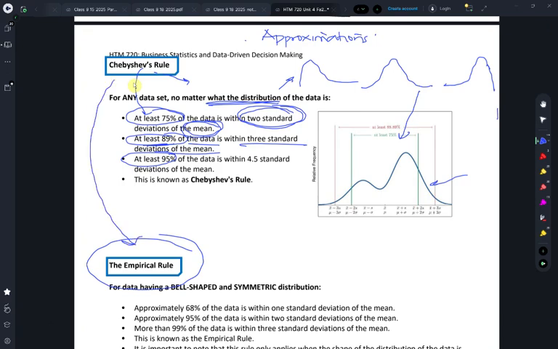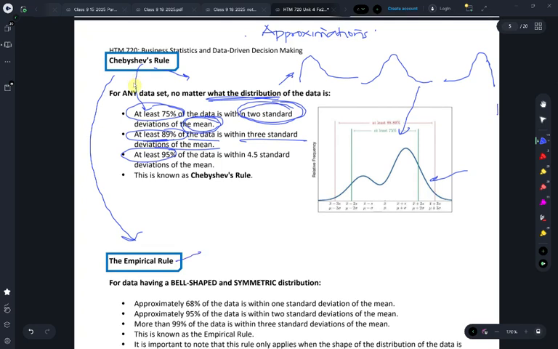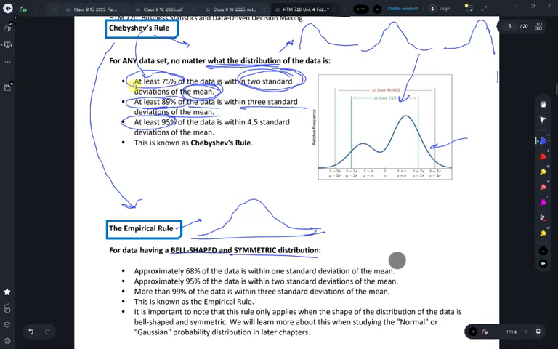A stronger rule is the empirical rule. It is stronger in the sense that it is more restrictive because it only applies to bell-shaped and symmetric distributions, and it tends to be a little bit more exact because of its restrictive nature.